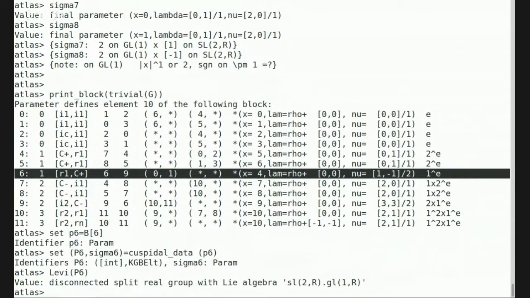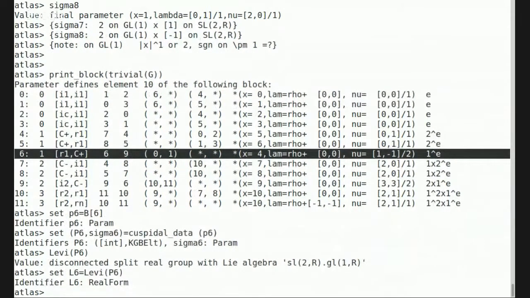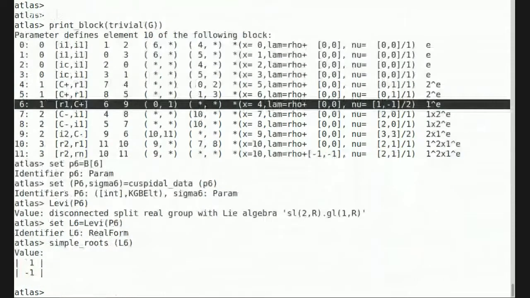And as I said, from this information, you can't tell whether it's GL2 or SL2R. But let's set L6 to be this fellow. The simple root of L6 is the short root, 1 minus 1. And from that, you can tell it's certainly a different Levi factor.